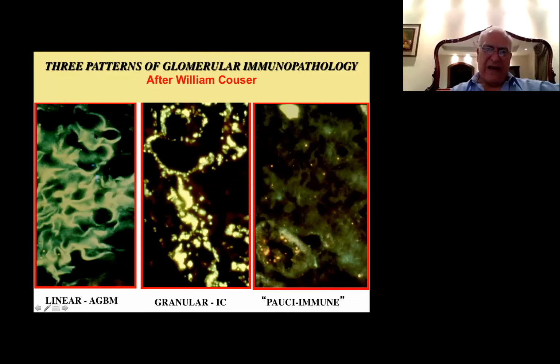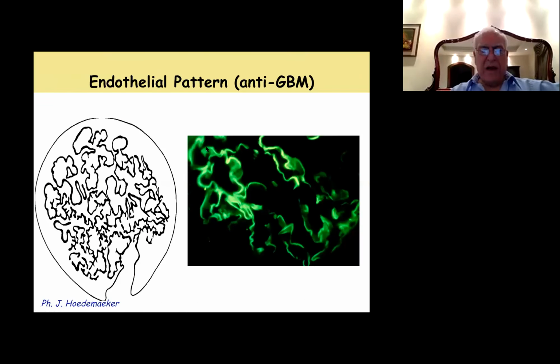Type 1 is linear, which is anti-GBM antibody; type 2 is granular capillary, that's immune complex; and if you don't see anything, you call it pauci-immune. That's very nice linear staining, like what you see here. That's classic of anti-GBM antibody disease.